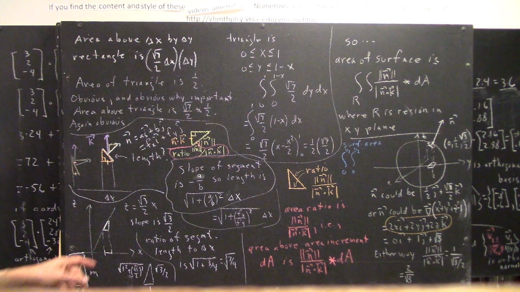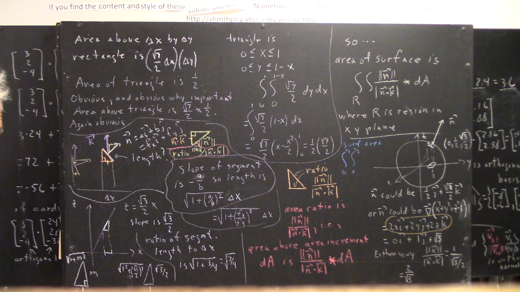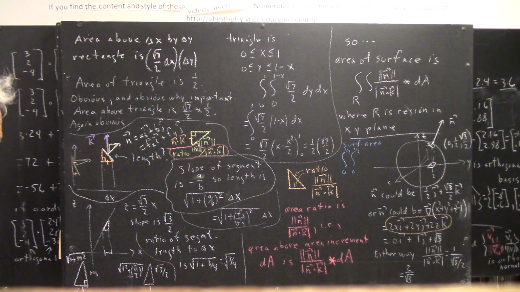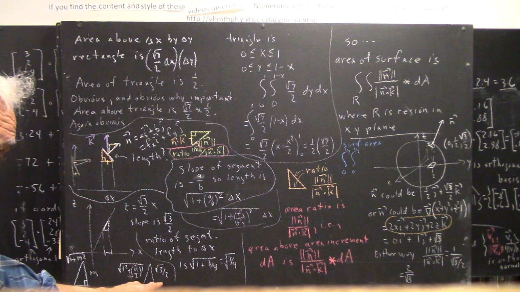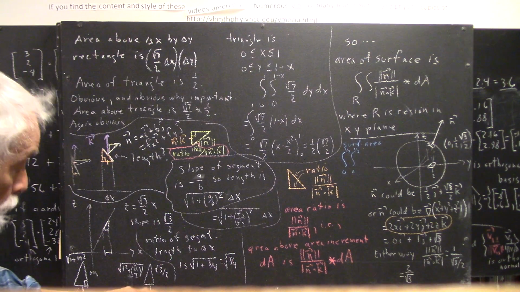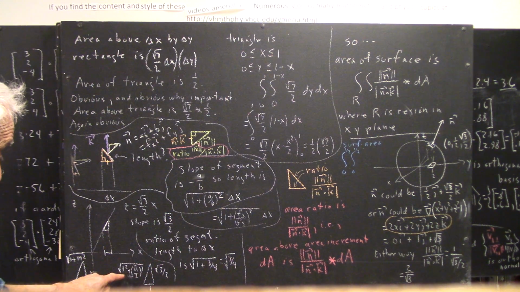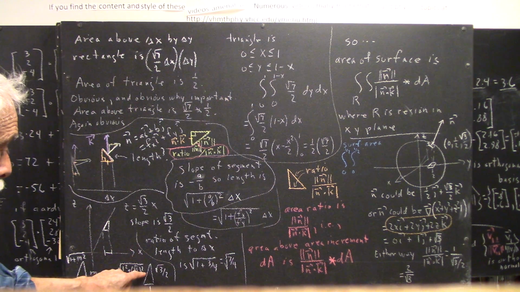And the ratio then of the length of the segment to the length here is the square root of 1 plus the square of the square root of 3 over 2. We can see that in a number of ways. If we had 1 unit in this direction and square root of 3 over 2 units in this direction, then our hypotenuse would be the square root of 1 squared plus the square root of 3 over 2 quantity squared.